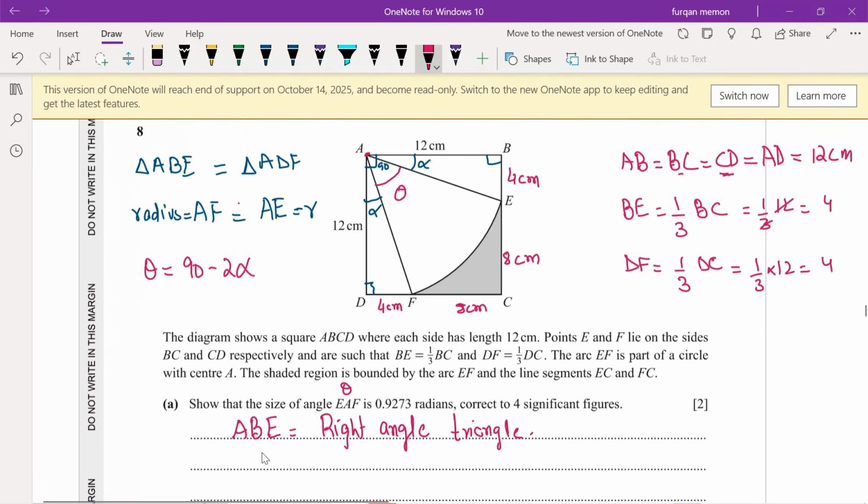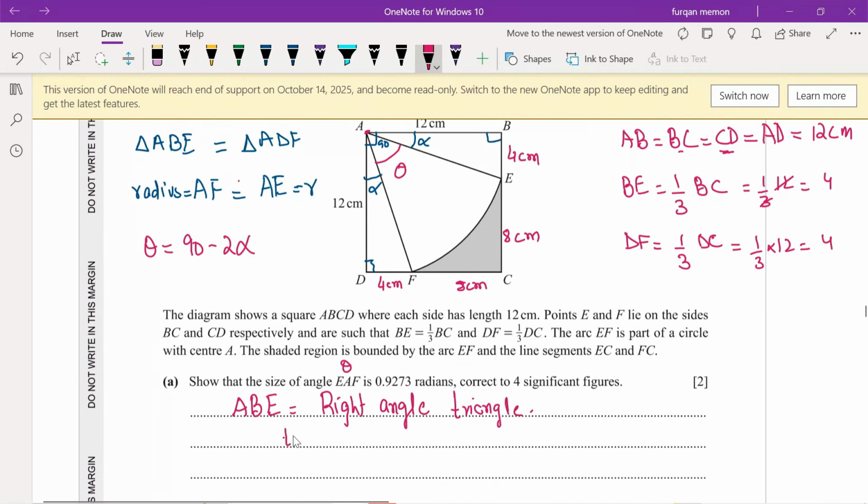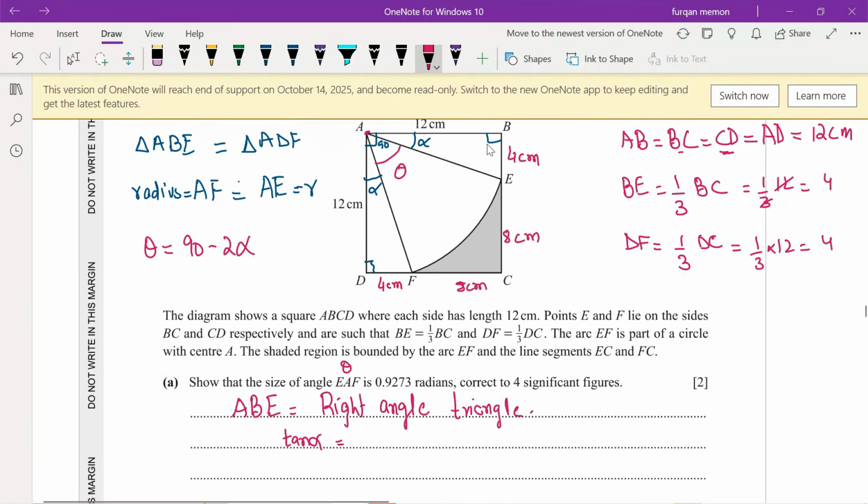Tangent alpha is equal to the opposite side divided by the adjacent side.